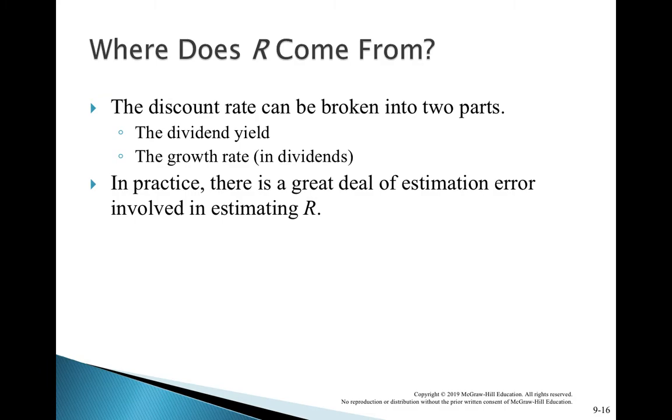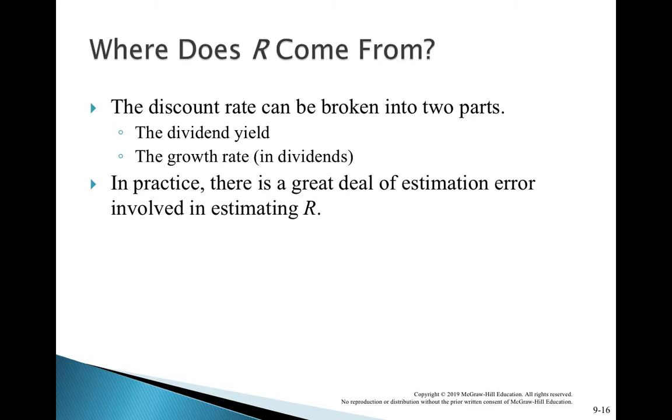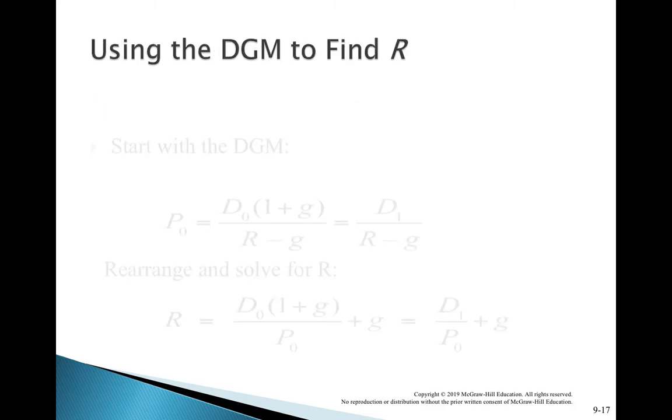So the analyst must be very careful while making the estimation of cost of capital, or R. There are many approaches for calculating R. One of them is the dividend discount model, and another, popular way might be CAPM. So many different ways are there to calculate the cost of capital.